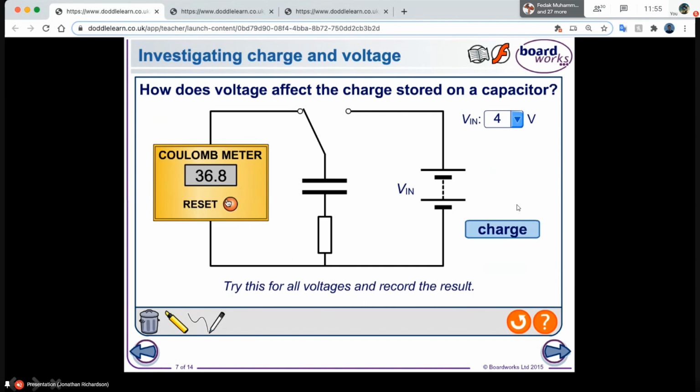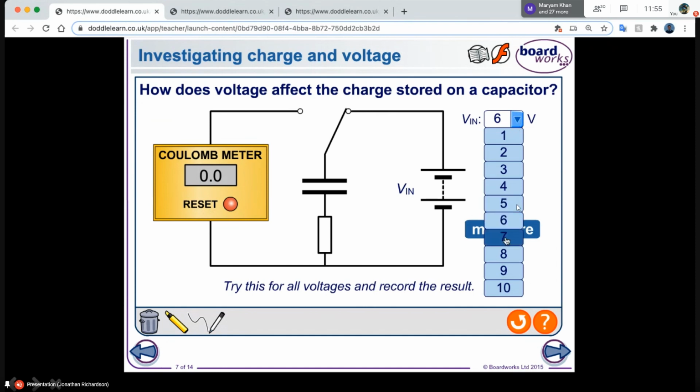Now move to reset, 5 volts, measure. Reset, 6 volts. Seven volts.